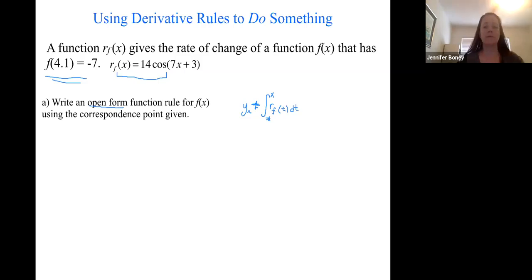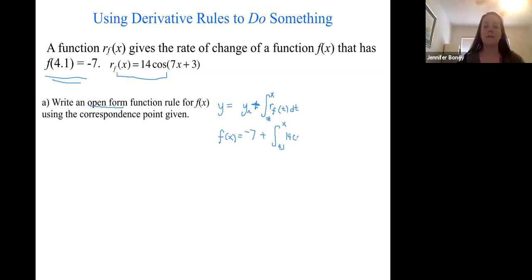We let t take on all the x values between the beginning and the end. Well, the beginning is wherever we want it to be. Here's where we know the x value that corresponds to -7. So I'm going to start accumulating after 4.1 up through any value of x. And I'd have this then, 14 cosine of 7t plus 3, writing in the actual rate function, dt.